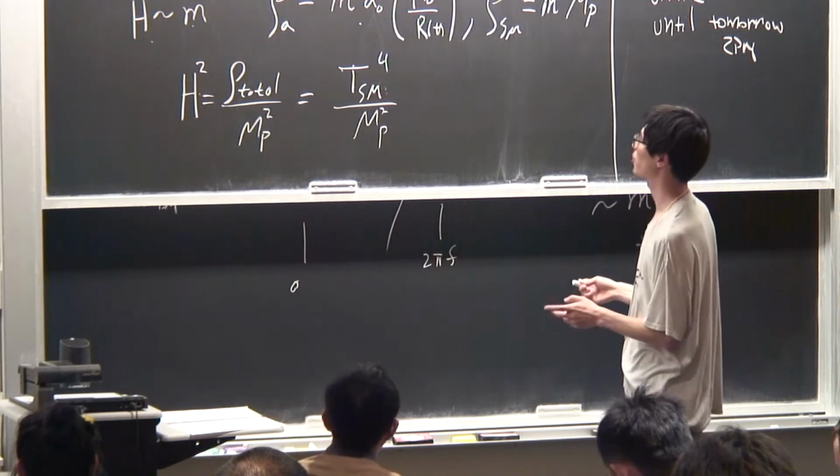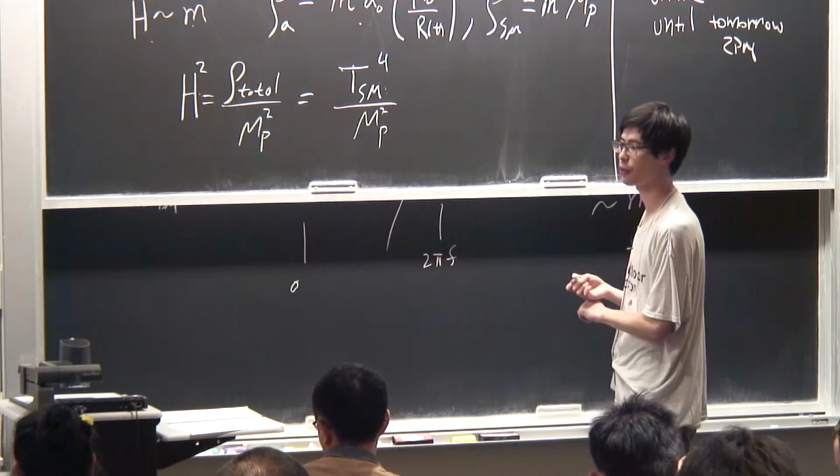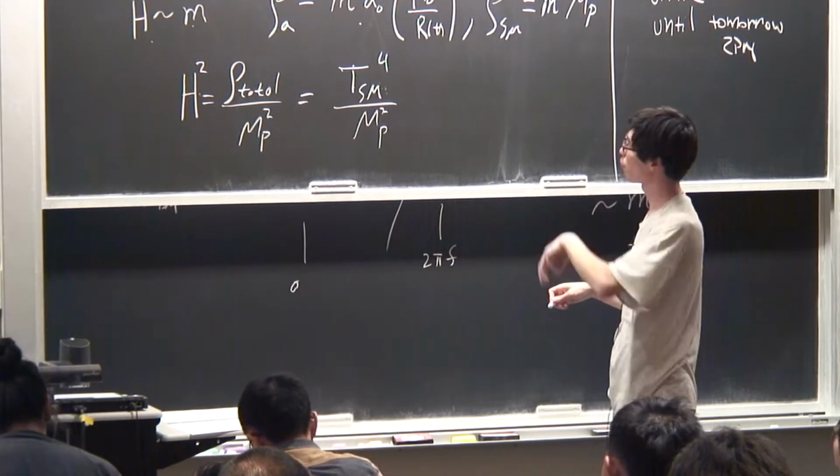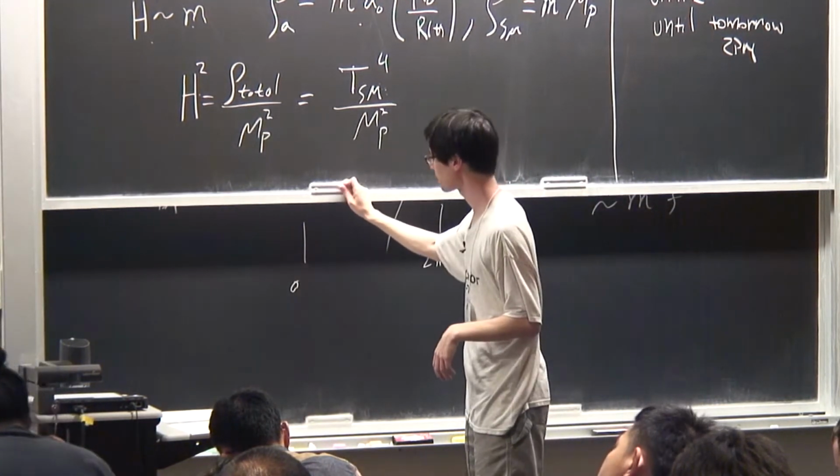Okay, so let's retell this story now for the QCD axion and figure out how to tell what the axion potential is.